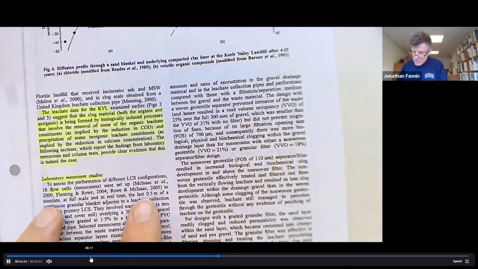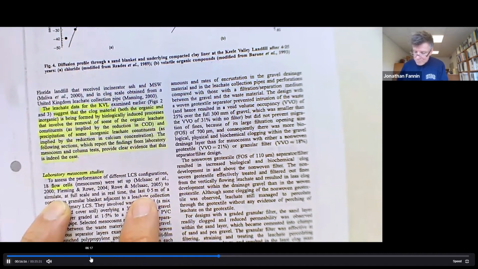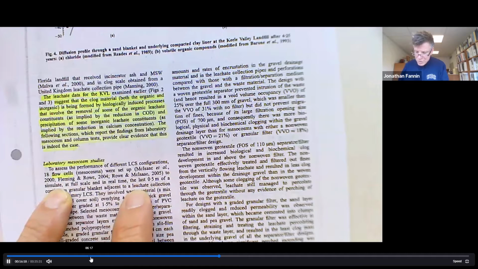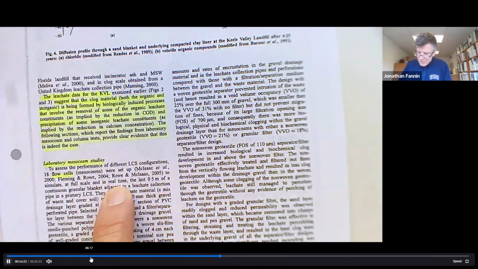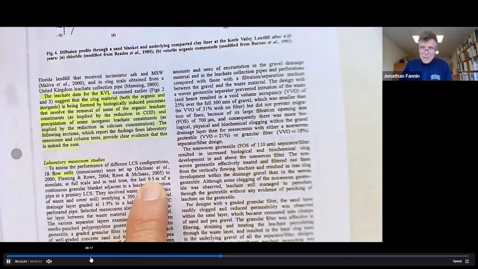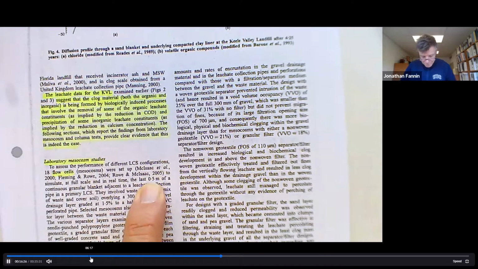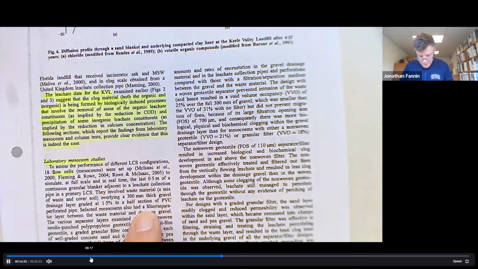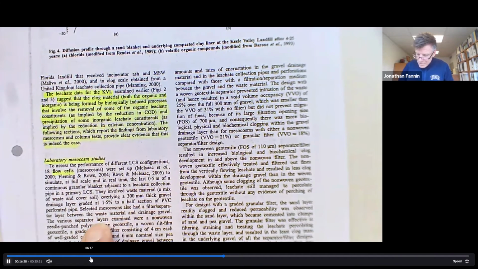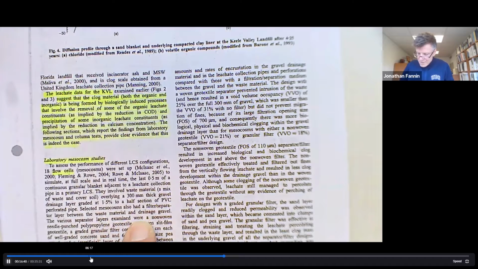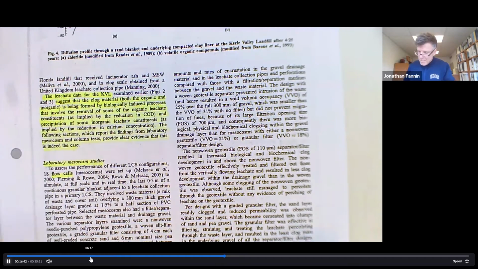So they're trying to simulate in the lab. It's a bit tricky because of the temperature issues at full scale and real time, and they set up various, let's call it a parametric study. Okay, so they're getting the waste material, and they've got variations where there's a filter or a separator between the waste material and the gravel, and different separator layers were examined, right?